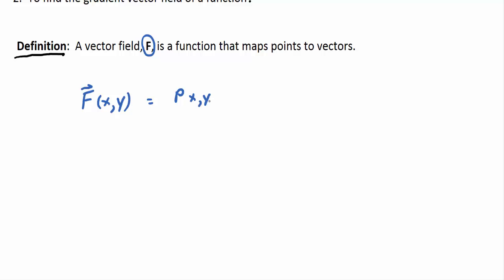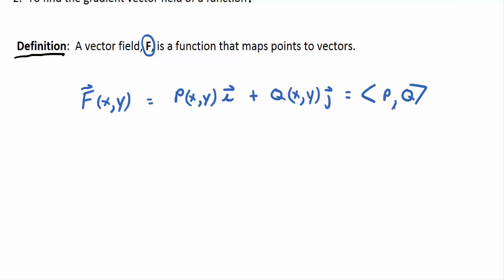We'll call it P. So P of x, y times i. And then we could think of the j component as a function of x and y too. We could call that Q of x, y times j.